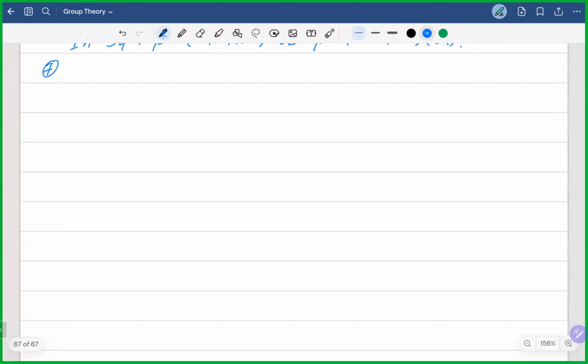Let's say alpha is a permutation which has the cycles 1 3 5 7 9, and then we have 2 4 6, and we have 8 10. Now, if alpha power m is a 5 cycle, what can you say about m?